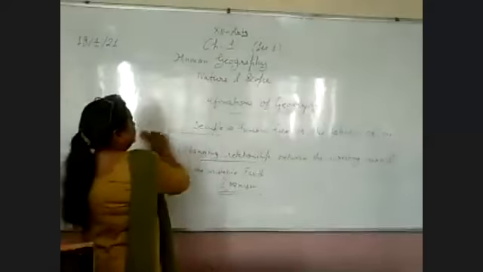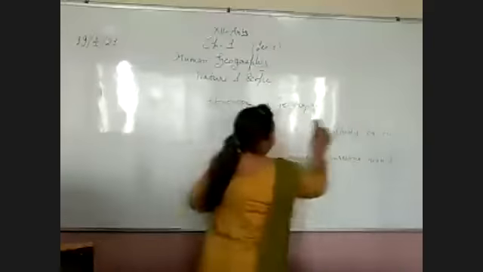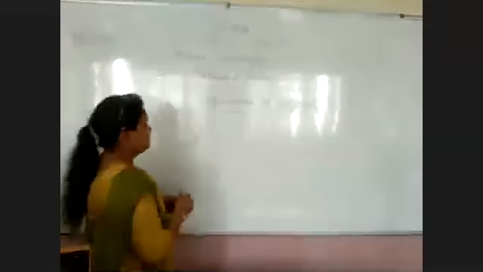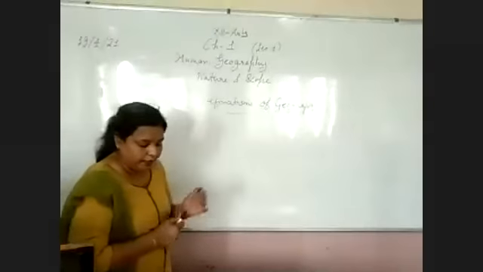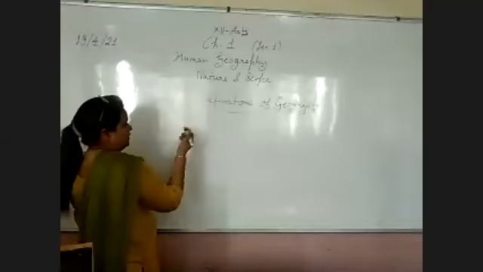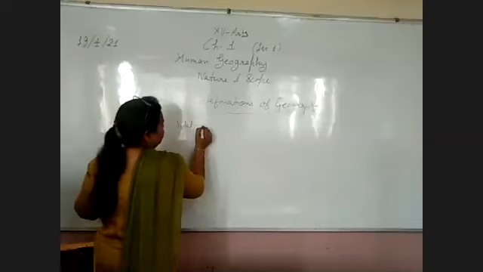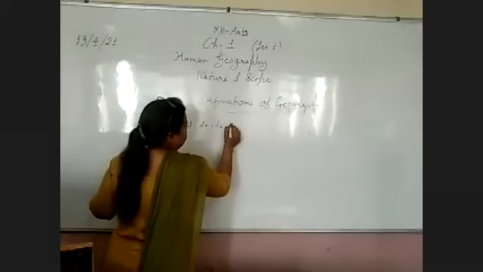The third is widening large. The third definition. All these definitions are very important from the CBSE point of view. That can be asked in 1 or 3 marks question. So third is wider large.